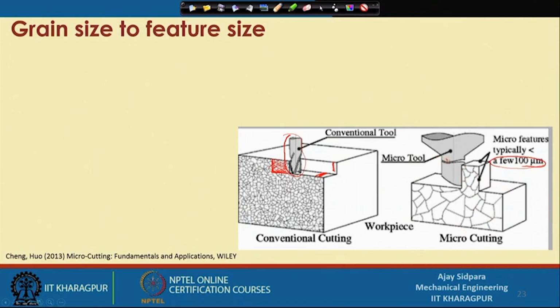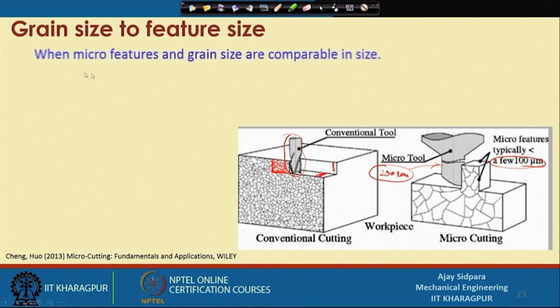When you are cutting a material, your cutting tool also has a grain structure, and when you are talking about a cutting tool diameter of, consider, 200 micron, then you have to use very fine particles of tungsten carbide and cobalt, so that you end up with a very large number of grains, so that you can get the required geometry on the cutting tool also. So, what are the problems because of this?